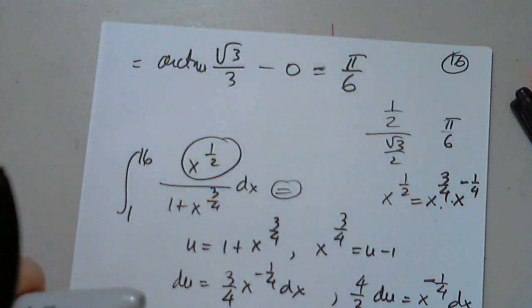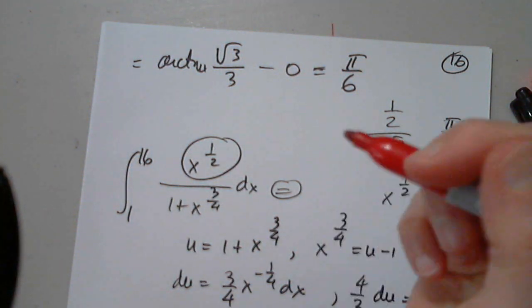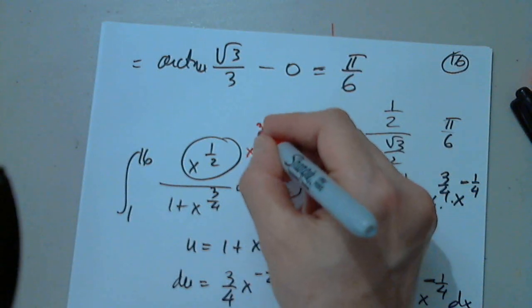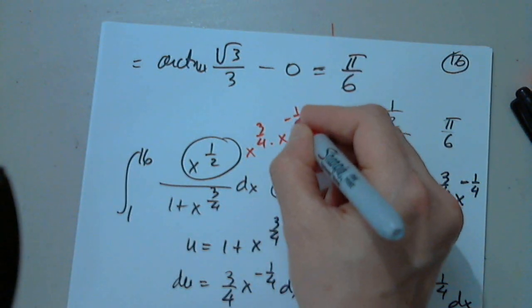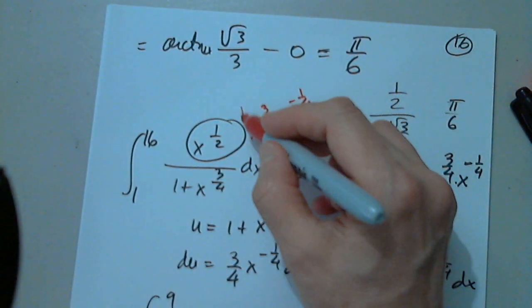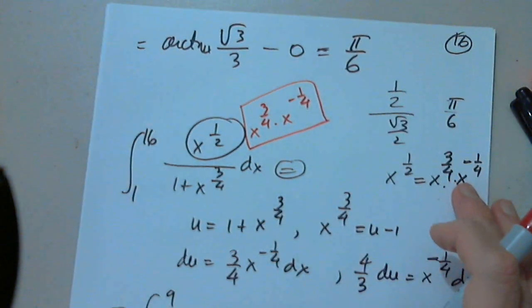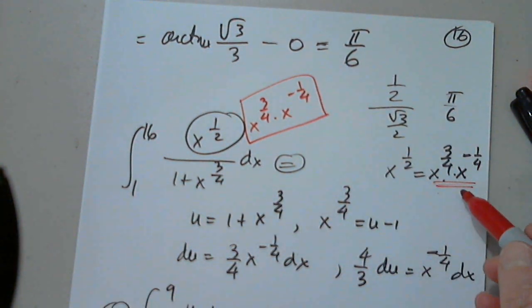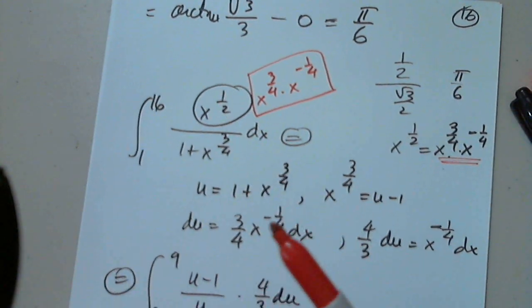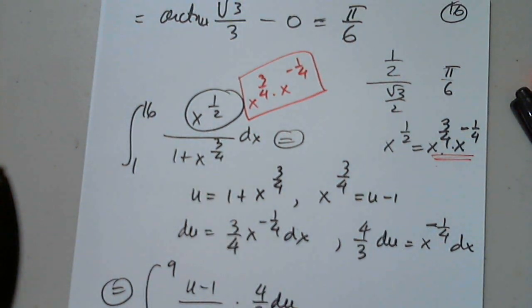We replace x to 1/2 by x to 3/4 times x to negative 1/4. So that was the trick. I see now. And then this was u.